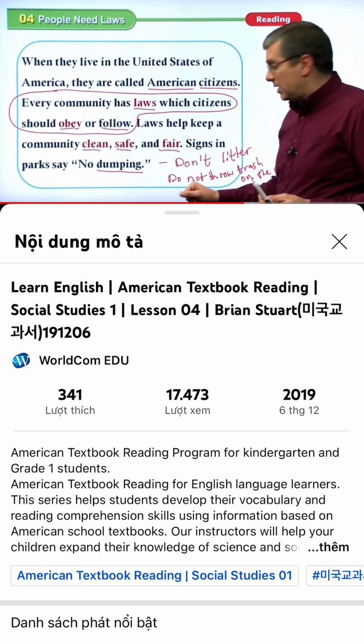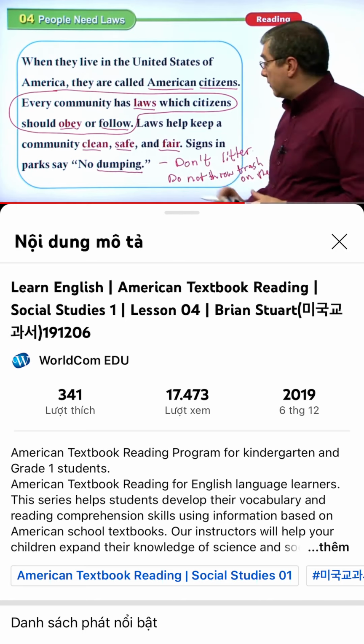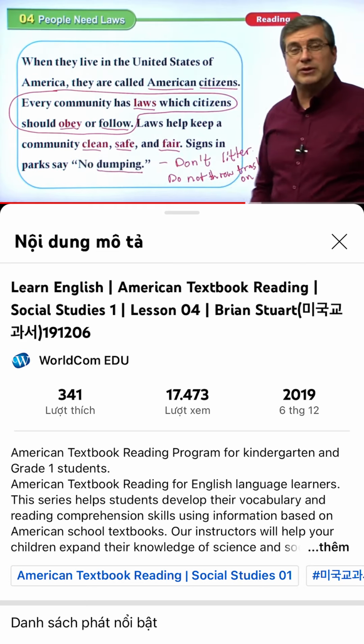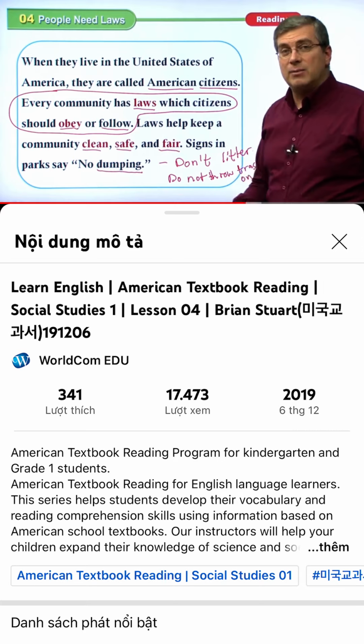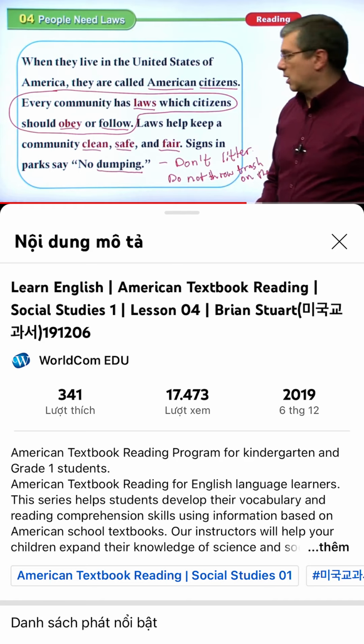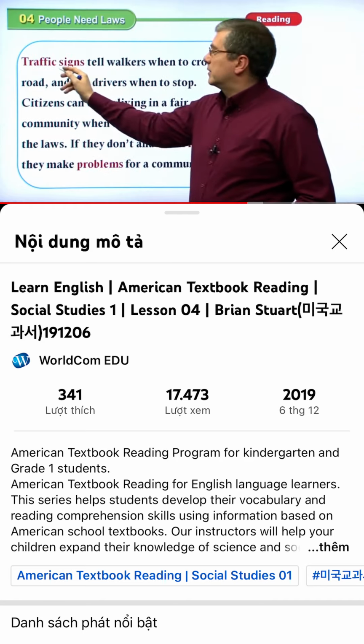Don't dump your trash, don't litter, don't throw your trash on the ground, right? Of course, you shouldn't do that, especially in parks, because parks are supposed to be clean and nice for everybody to enjoy. And if there's a lot of trash on the ground, that's not fair. Other people can't enjoy the park.